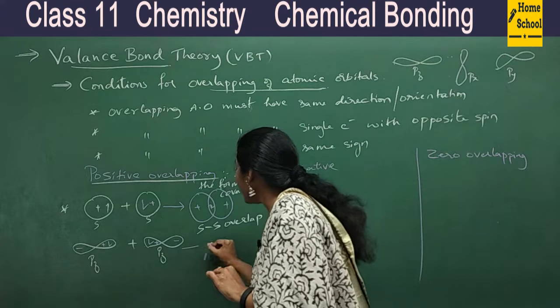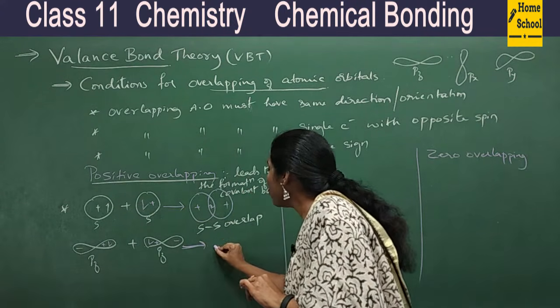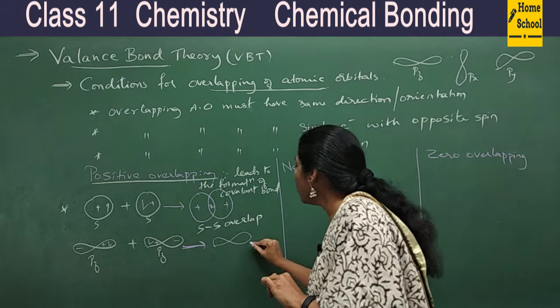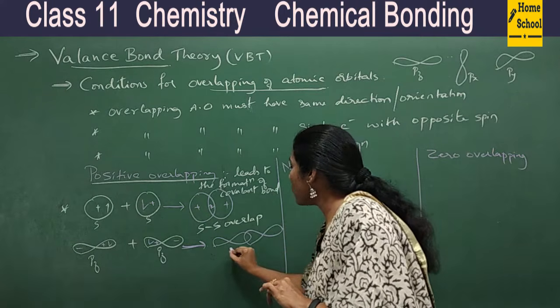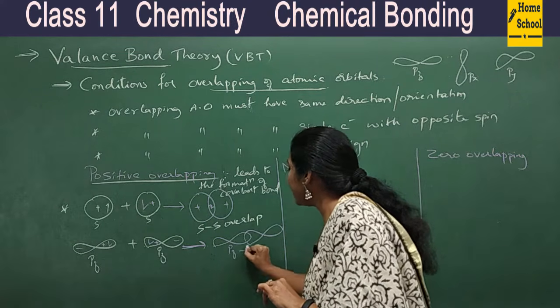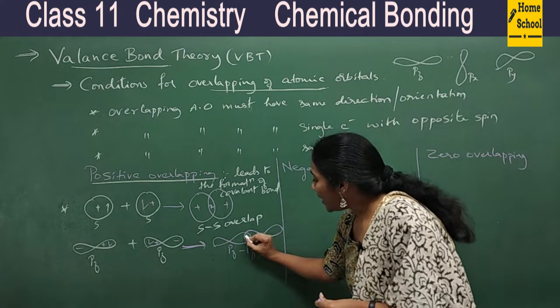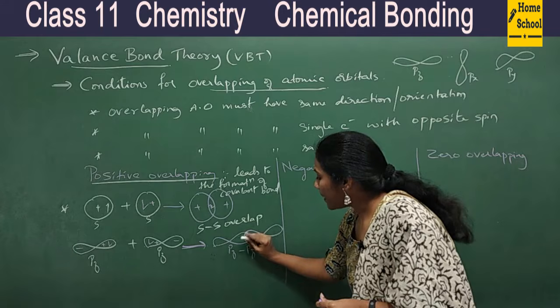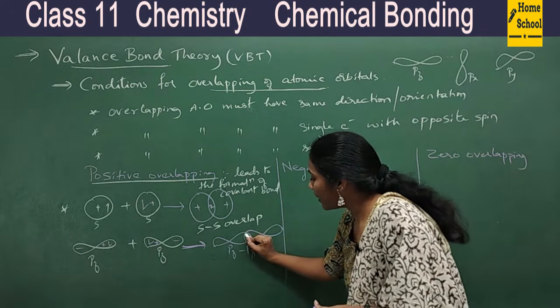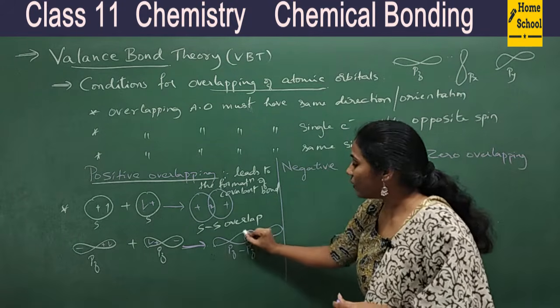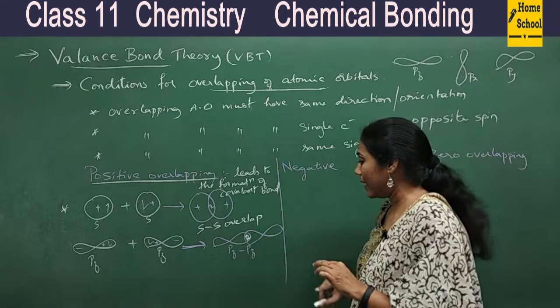So how do you show the overlap here? This orbital overlaps with this orbital. So this is pz overlap we say. So the shared pair of electrons is present in the overlapped area, right?